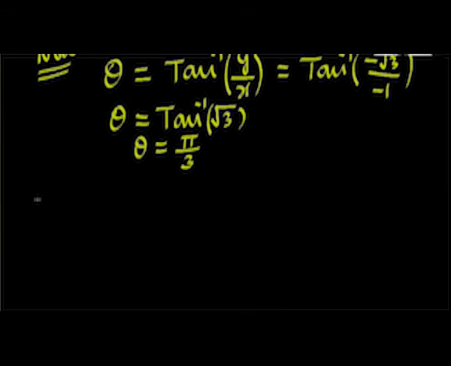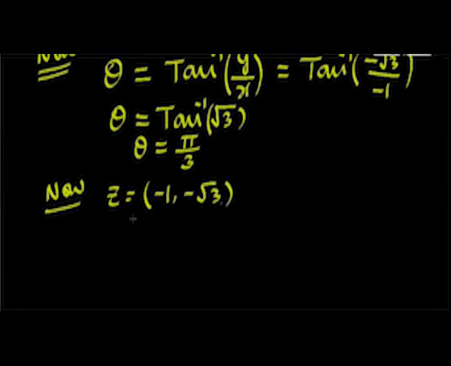If you consider the given complex number as an ordered pair, -1 minus root 3, here x and y both are negative, so the point belongs to the third quadrant.